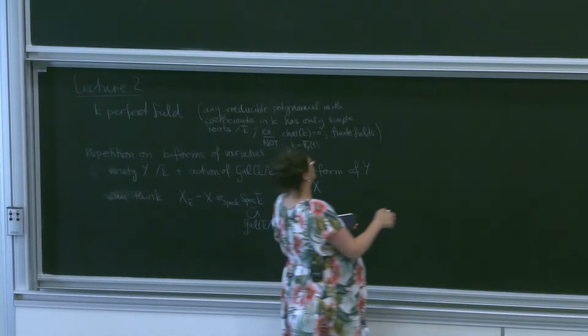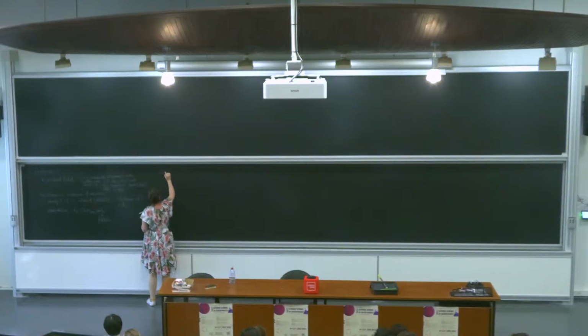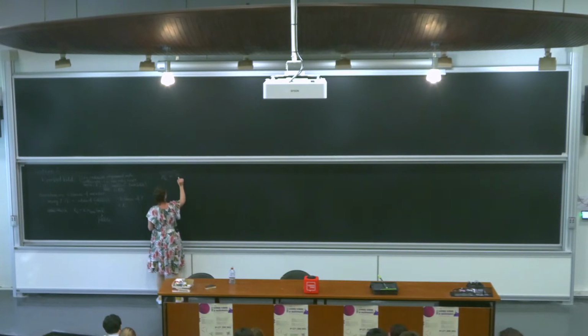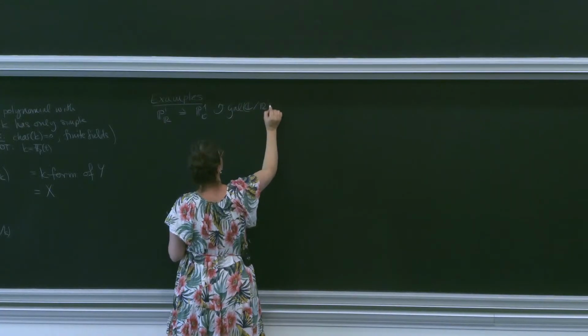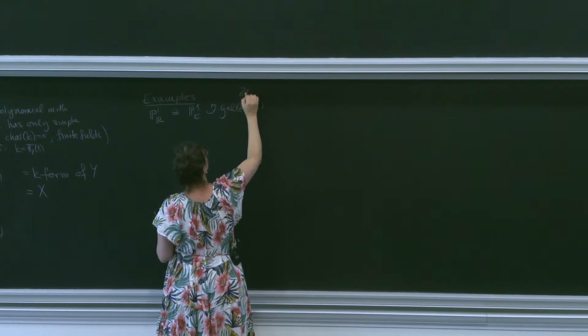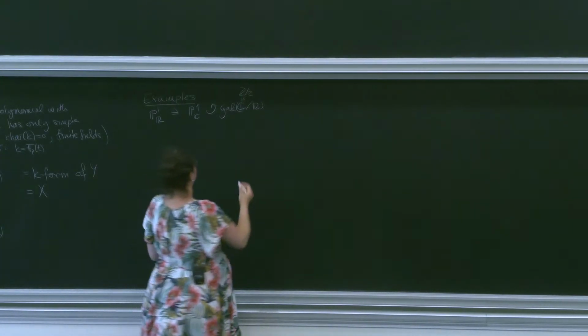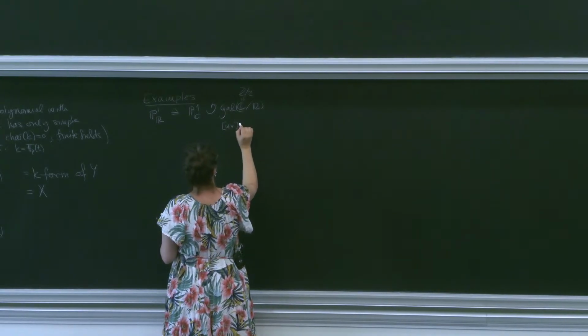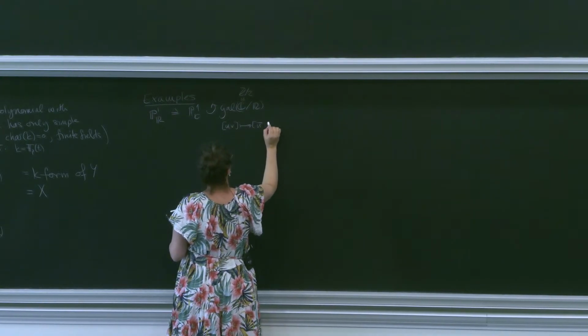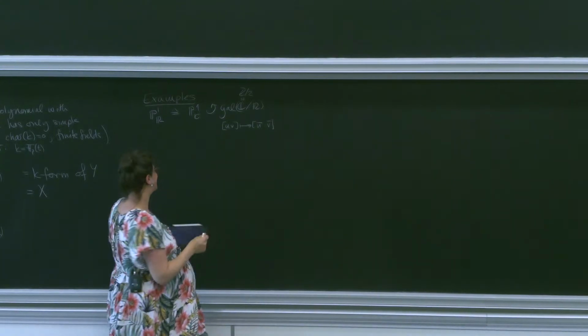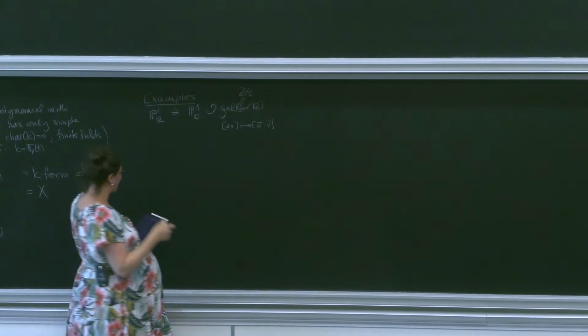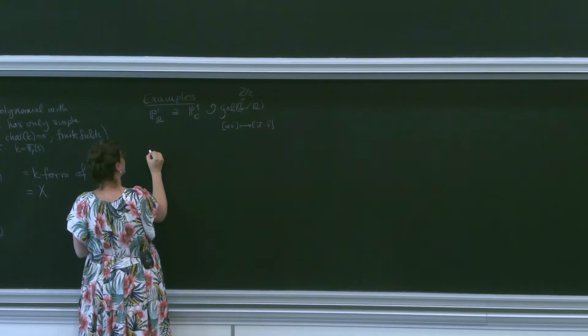So, the examples I started with yesterday were P1 over R. So this is P1 over C plus the action of the Galois group of C over R. This is just a group of order 2, and the generator does complex conjugation on U and V. And then we have the so-called empty conic.